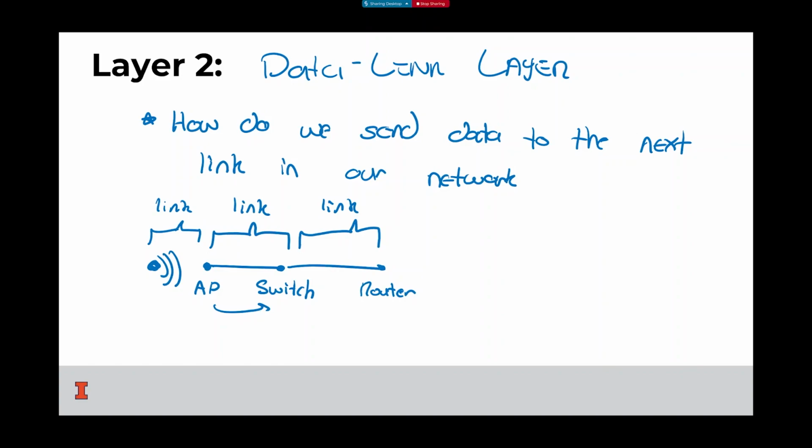As part of the data link layer, the biggest thing that you may have heard of is something called MAC addresses. A MAC address is like a hardware identifier that uniquely identifies your phone from any other physical device in the current room.